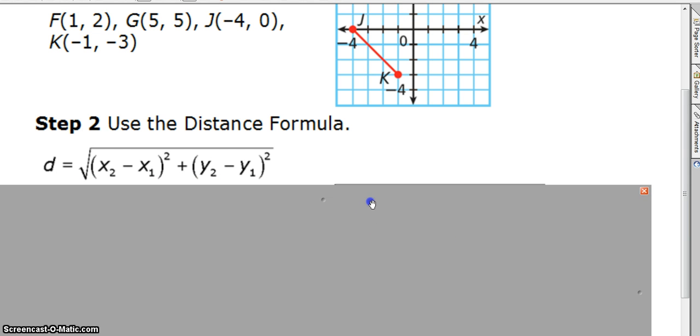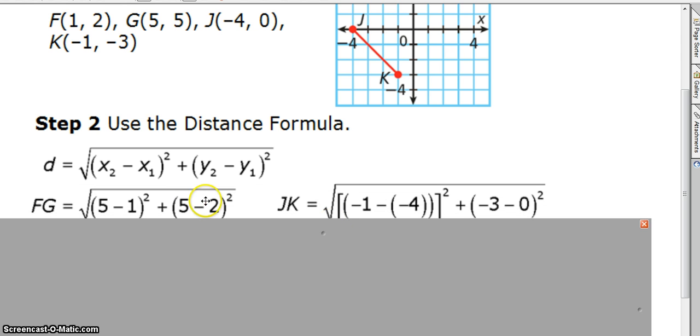They're going to reveal this side by side. So FG has these coordinates, and we're just looking at the x values first. So they're using G minus F, 5 minus 1 squared, plus y2 minus y1, so 5 minus 2 squared.